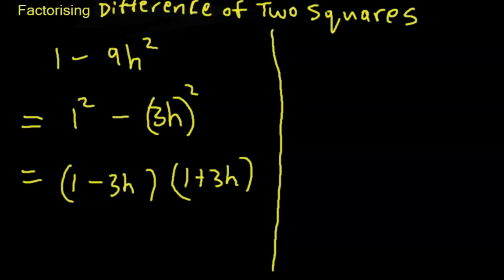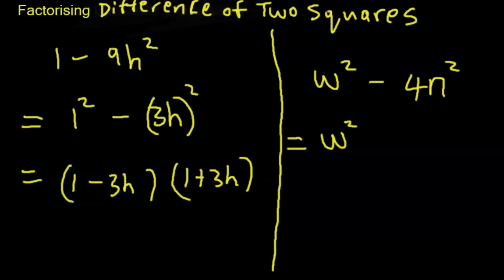Let's look at another one. Suppose we have w squared minus 4n squared. Is that a difference of squares problem? It sure is.